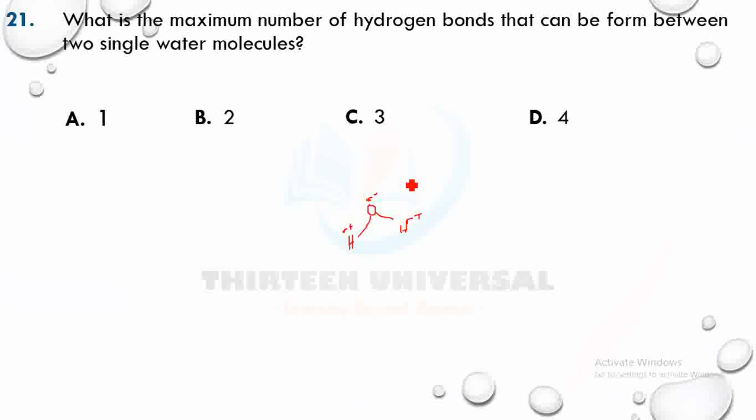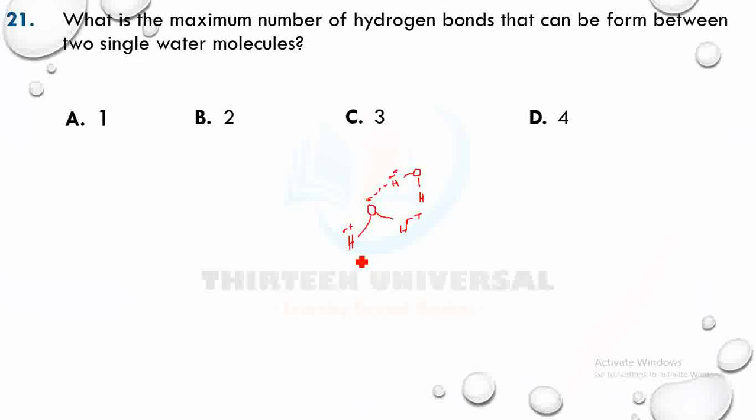It has the hydrogen and the oxygen there. This hydrogen is partially positively charged, so it forms a hydrogen bond with this.